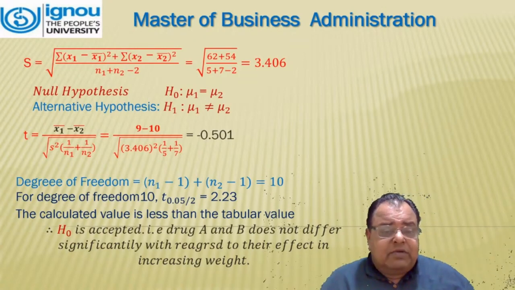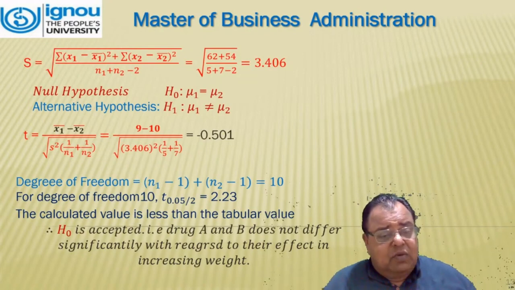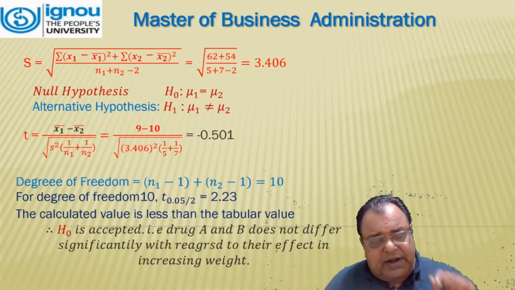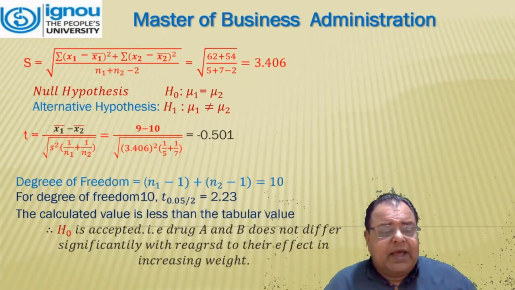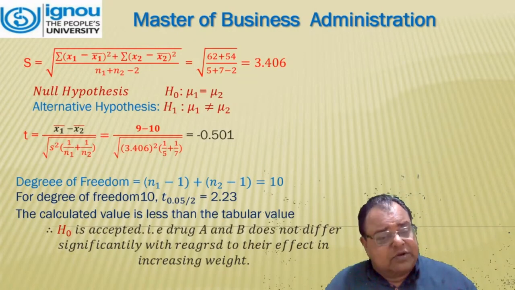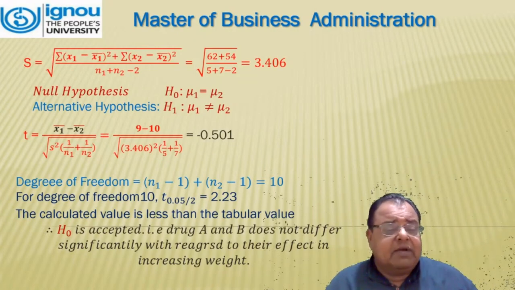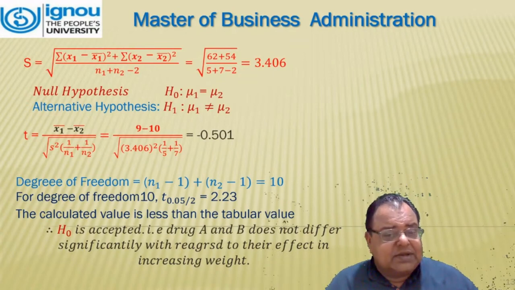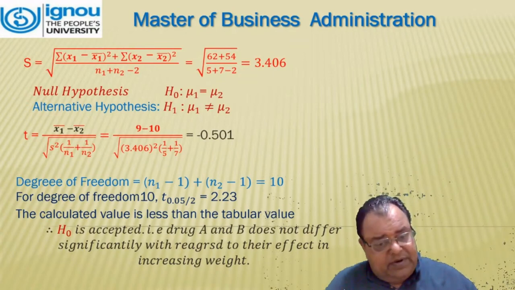We have already calculated all the values. Just placing the values: the mean of x1 is 9 and the mean of x2 is 10. We have s as 3.406, which we calculated earlier, and n1 as 5 and n2 as 7. After calculating, we get t equal to minus 0.501.